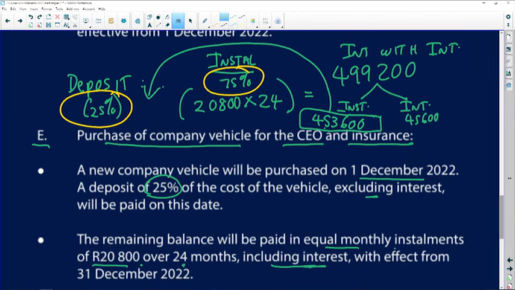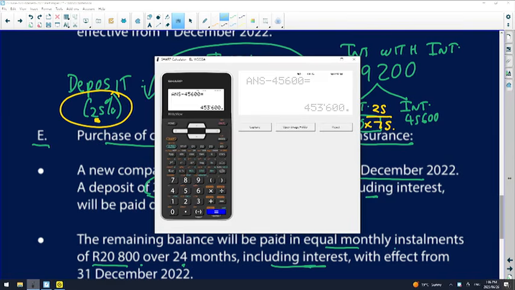The deposit that I want to work out is the 25%. So the installment amount times 25 divided by 75. Let's get that amount. The deposit that we've paid is 151,200.